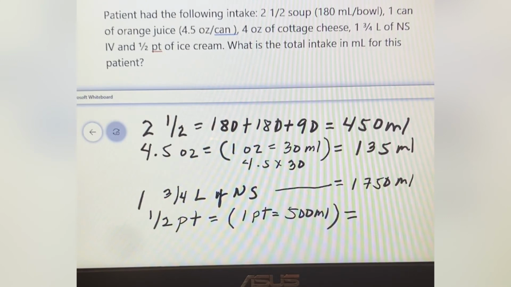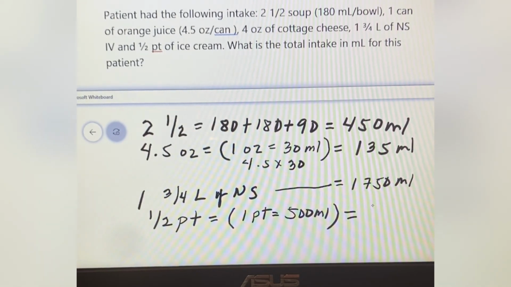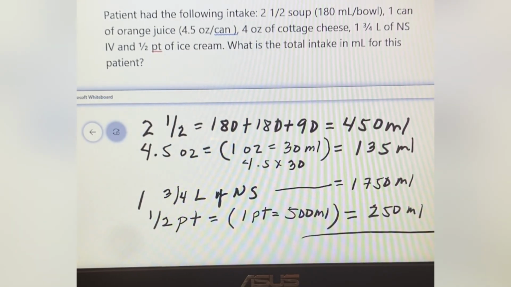Half pint of 500 is 250 ml. Let's total.